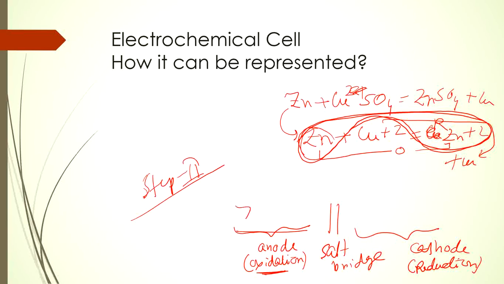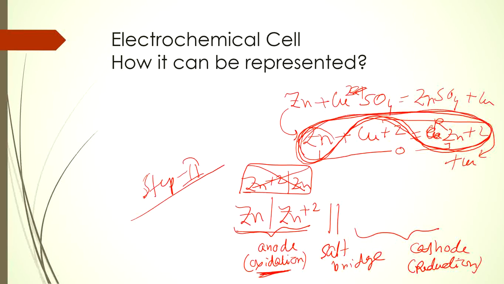We will write this as zinc by zinc 2 plus. We will not write it as zinc 2 plus by zinc. Why? Because that represents the reduction process. So the left hand side is the oxidation process. First we point out what the oxidation process is, and it will be represented in such a way that it truly looks like an oxidation reaction.